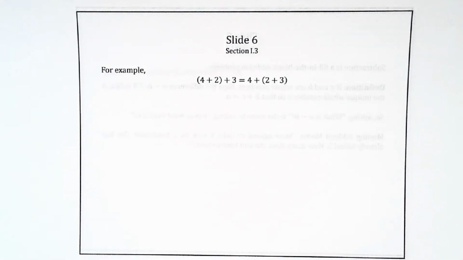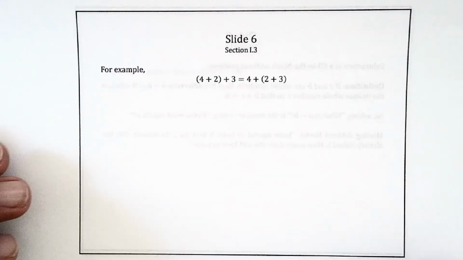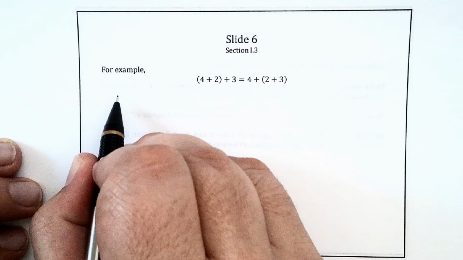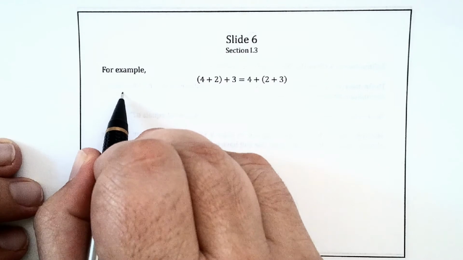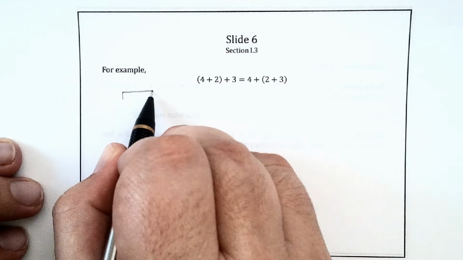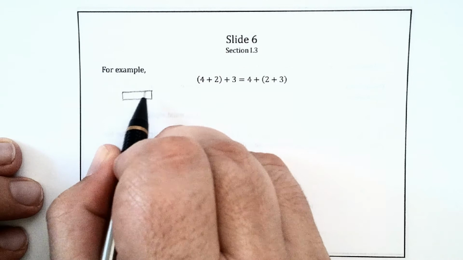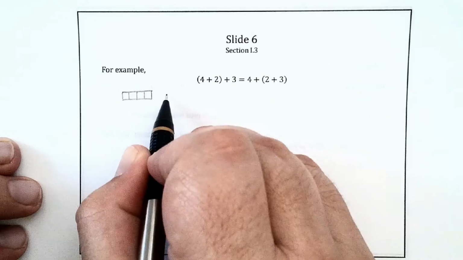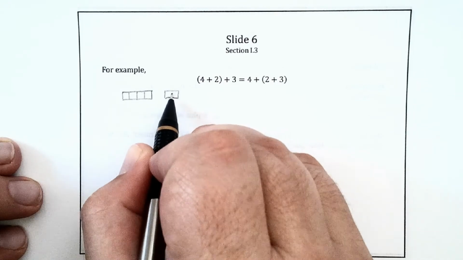There are two different ways to illustrate this. The first is with fraction strips. Okay, so I'm going to draw a picture like you would draw on your homework. We have 4 plus 2 plus 3. I just draw those three numbers side by side.